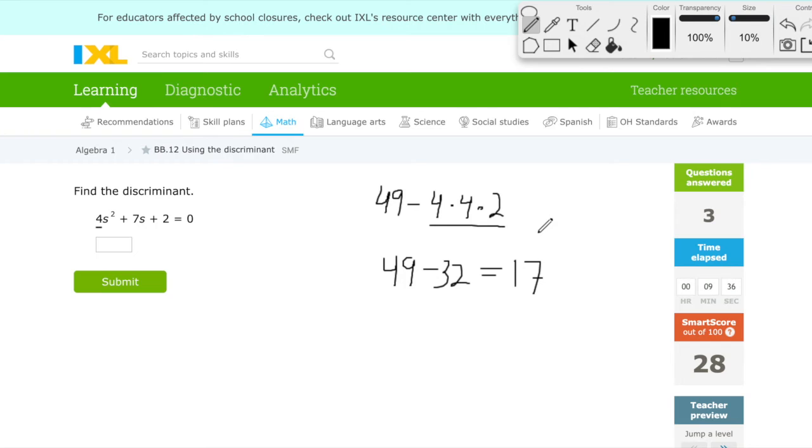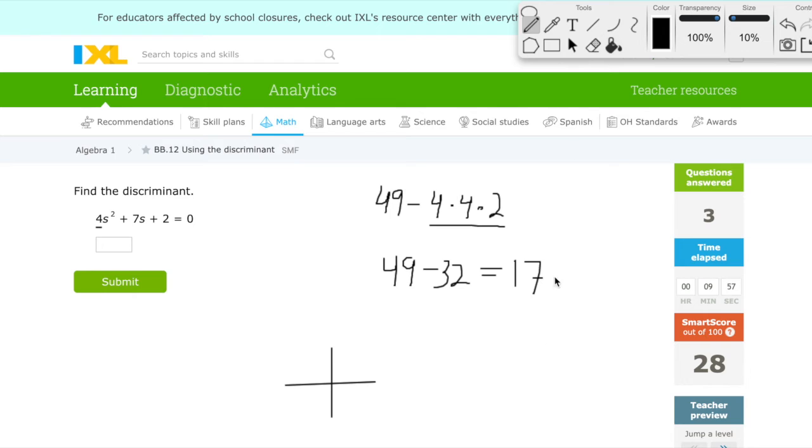When this works out to be a positive number, that tells me I'm actually going to have 2 x-intercepts, so if I make my coordinate plane again. It doesn't mean necessarily I cross at 17, but if you remember, the whole formula has that plus and minus part to it.